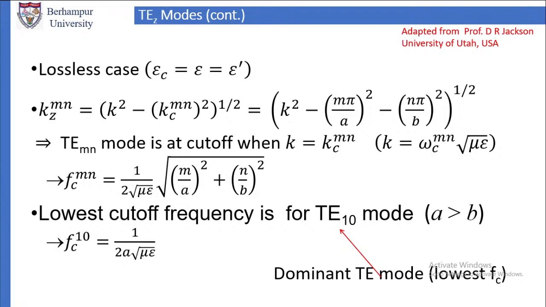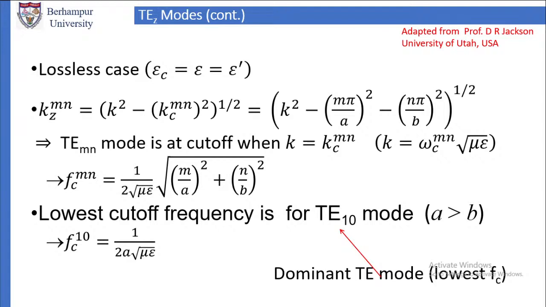When kz becomes imaginary, the wave attenuates, because we know that the z variation is of the form exponential of minus j kz into z. Now, if kz is imaginary, this becomes minus j into some imaginary number. So j into j is minus, which gives the exponential of minus something into z, an exponential decay. So the wave will decay out.